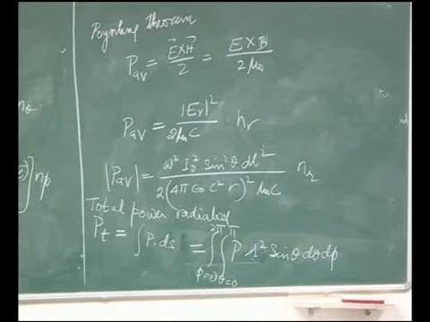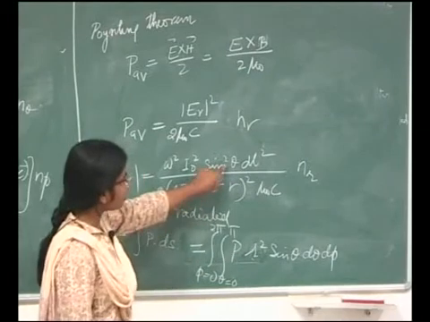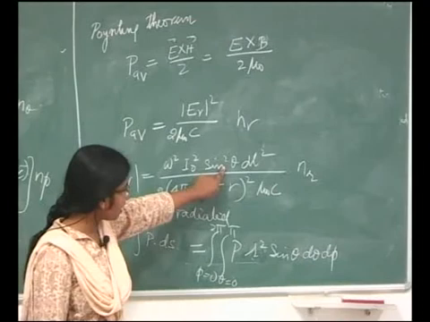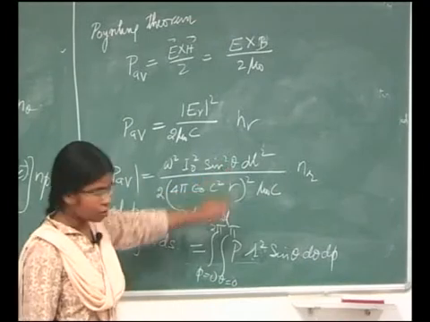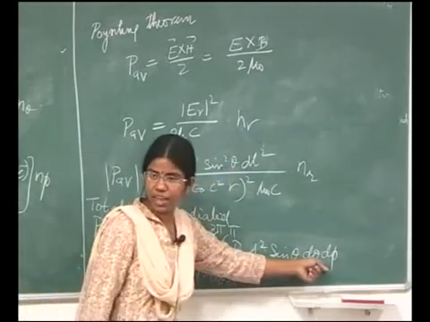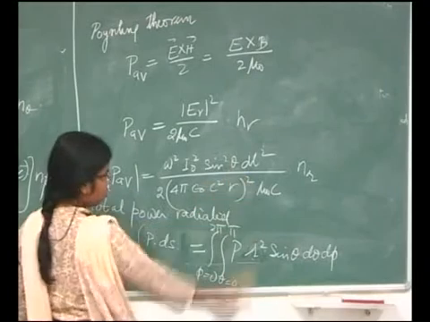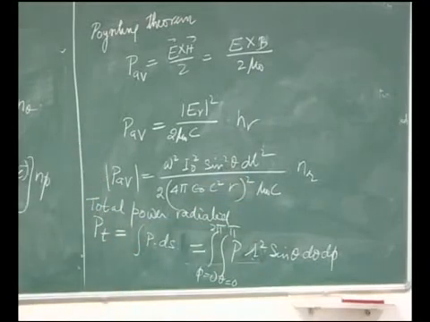So, now you will see here that all other terms are constant, I will have only sine square theta. So, I will actually integrate sine cube theta d theta d phi, all other things will be constant. I can take them out of the integral. So, I will be left with sin square theta, so with sin cube theta.